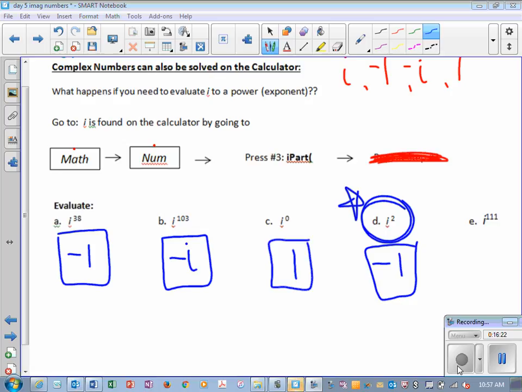And then, Ethan, what is i to the 111th power? You didn't get this one? Why? Put it in now. What did you get?